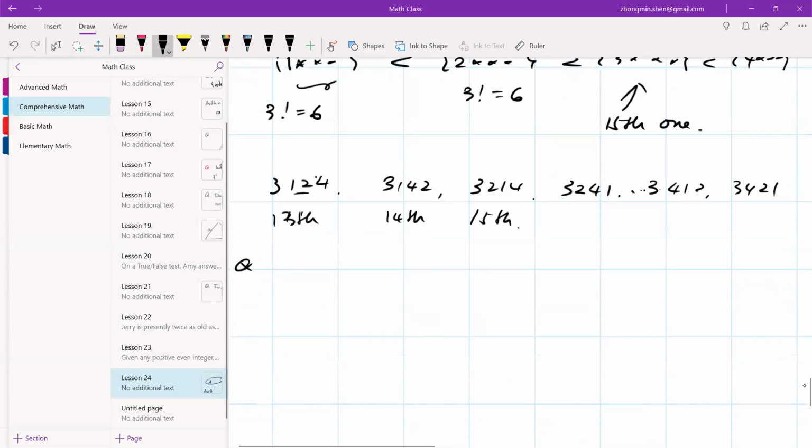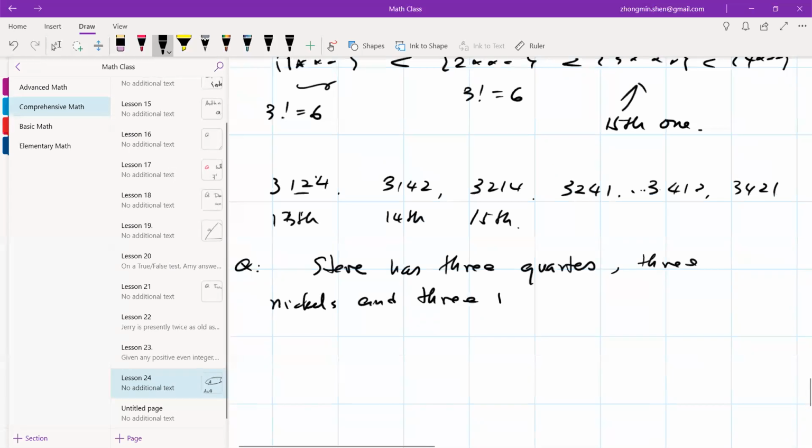All right, so now we have another type. Steve has 3 quarters, 3 nickels, and 3 pennies.